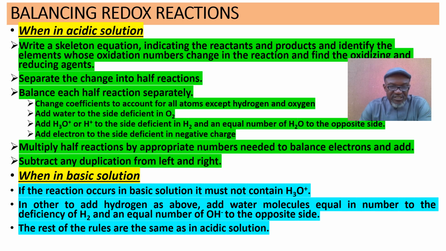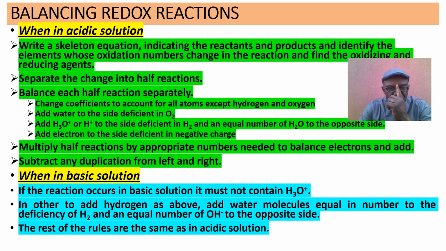Add water to the side deficient in oxygen. Add hydronium ion or hydrogen ion to the side deficient in hydrogen and an equal number of water to the opposite side. Add electrons to the side deficient in negative charge. Then we'll multiply half reactions by appropriate numbers needed to balance electrons.